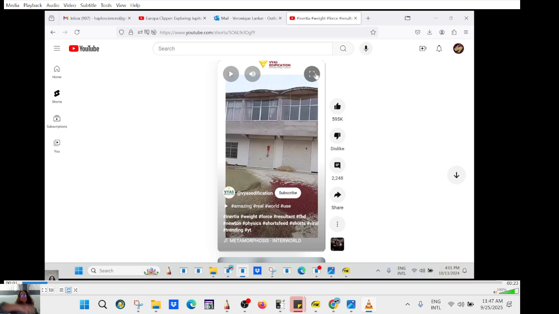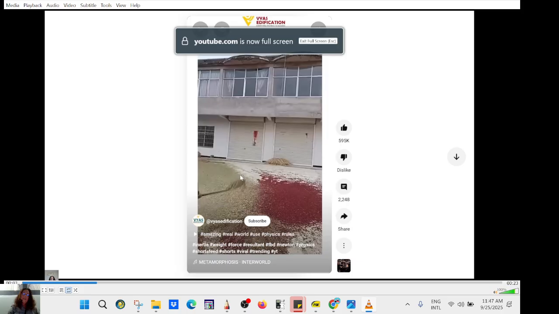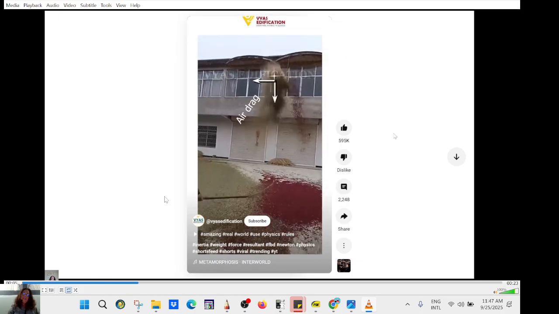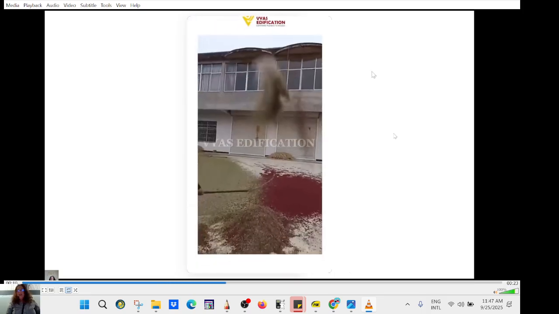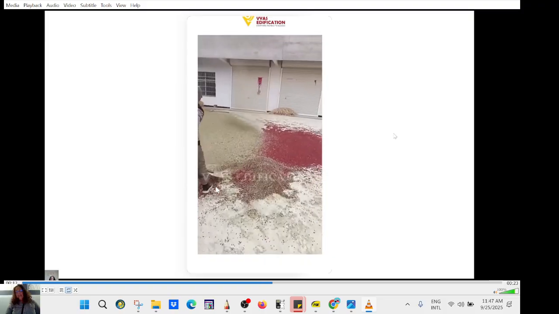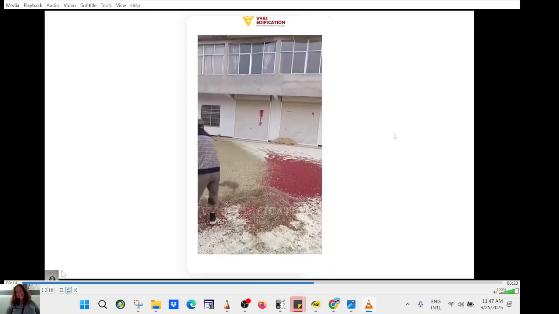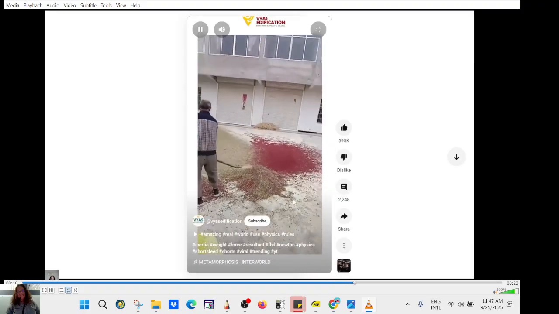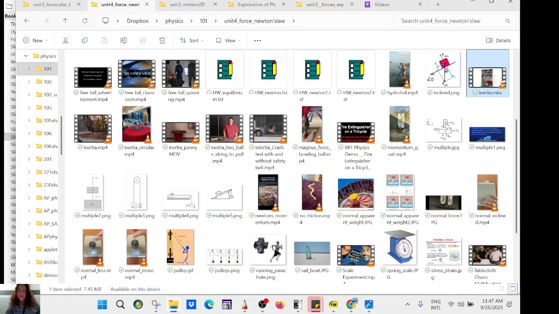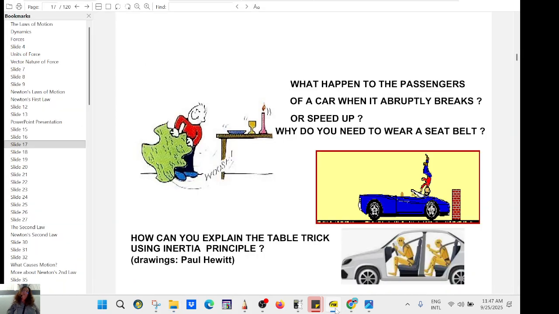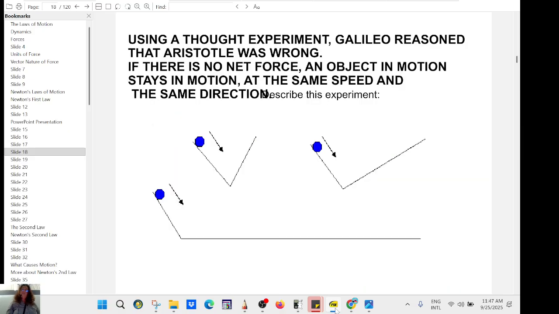The seeds will keep moving, but the dust has less inertia, so they separate. So you have ideas if you want to do a demo.